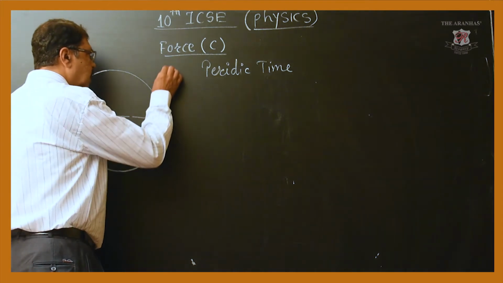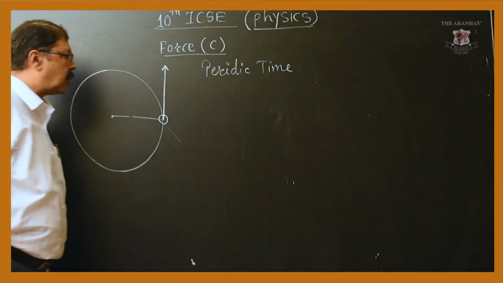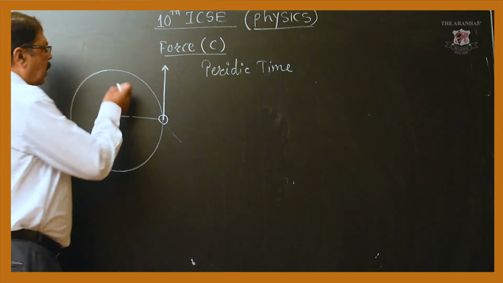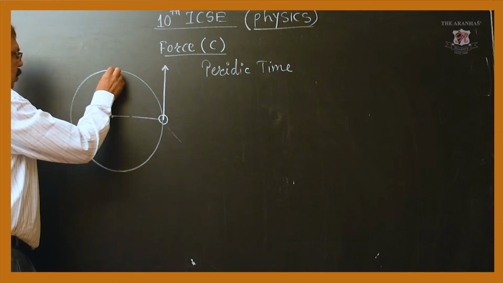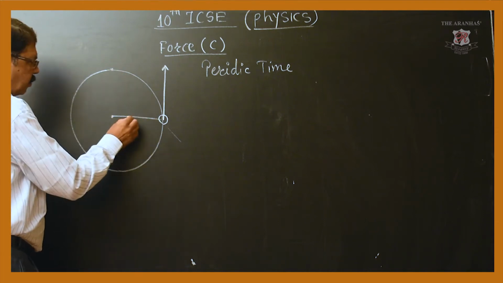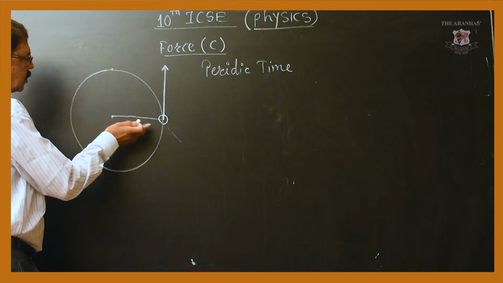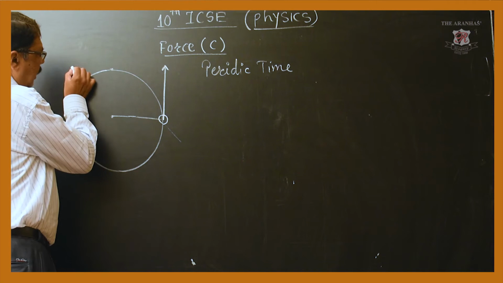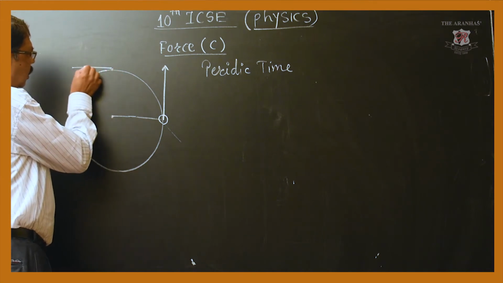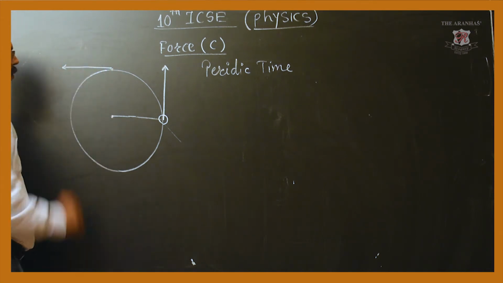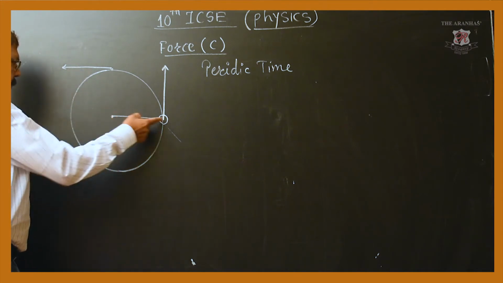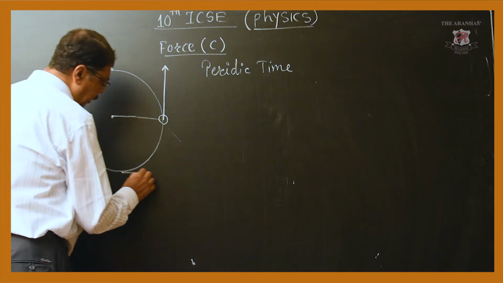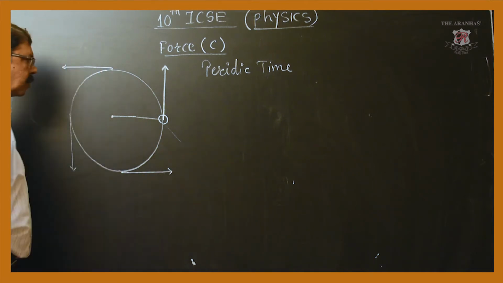The stone travels along the tangent to the circular path at that point. Assume that the stone comes here. Before breaking the thread, the stone reaches this point, and then the thread breaks. Then its velocity is going to be along the tangent. At the diametrically opposite point, it will be vertically downwards, and here it will be towards the right.